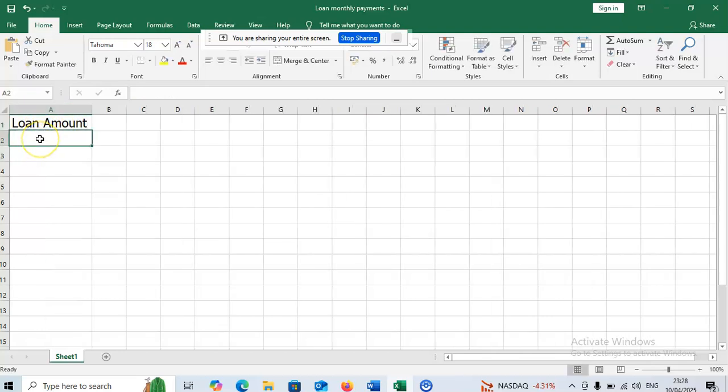You need to capture the interest rate, and the period.